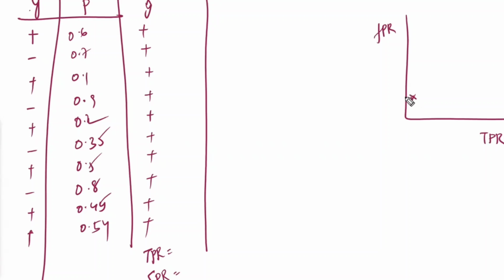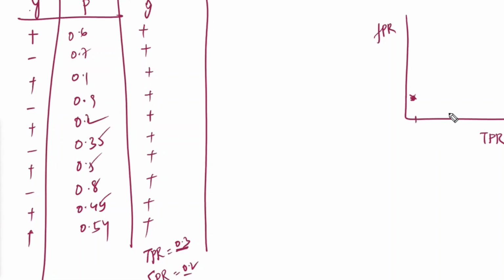TPR versus FPR, two values are there. With two values, can you make a single point on the scatter plot? You can keep a point on the graph sheet, considering one as the x-axis value and the other as the y-axis value. Since they are TPR and FPR rates, they are going to be less than 1 only. It can't be more than 1. Assume it is 0.3 and this is 0.2. So you take 0.3 versus 0.2.